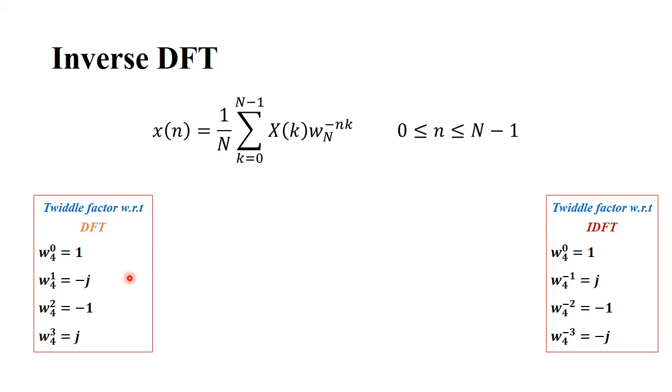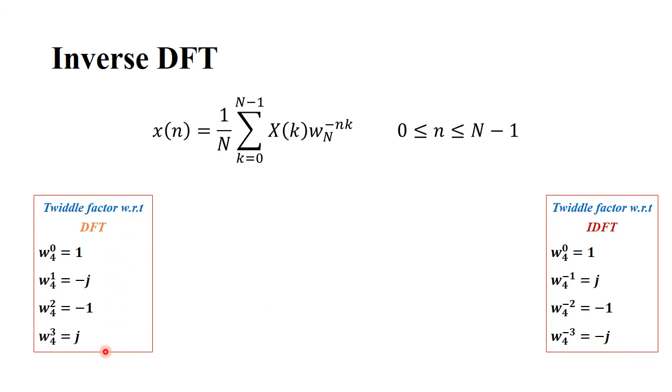Just for n is equal to 4, the twiddle factor for the DFT and the twiddle factor for the IDFT are represented here. What you can identify is that the twiddle factor of IDFT is just the complex conjugate of the twiddle factors of the DFT.